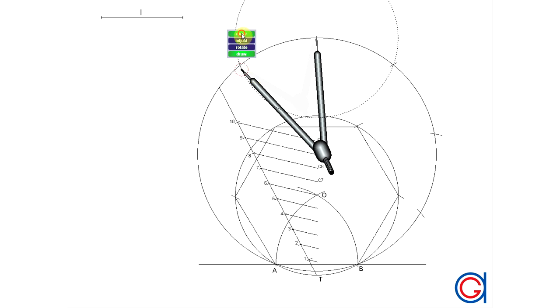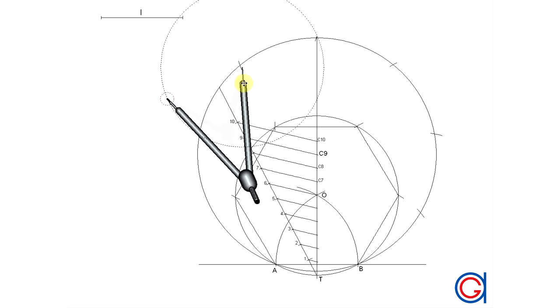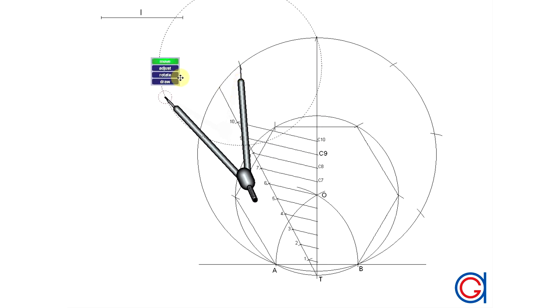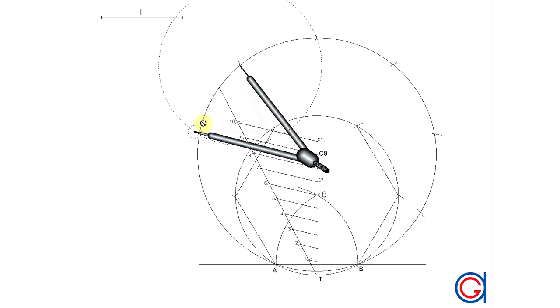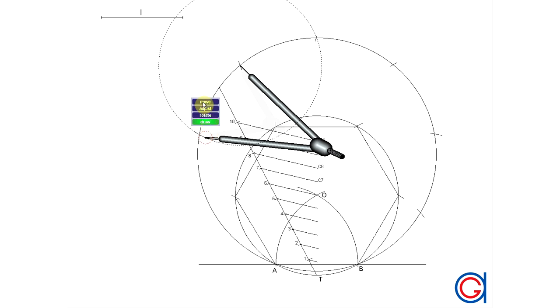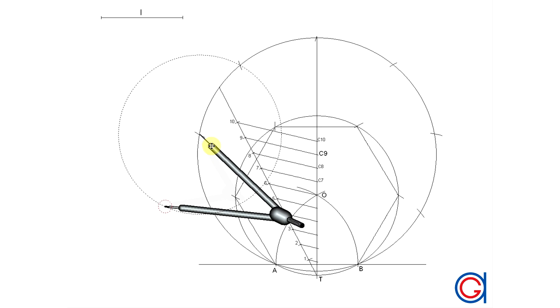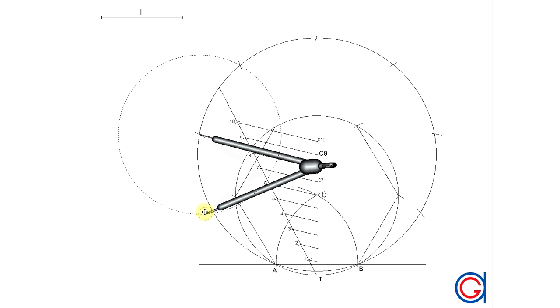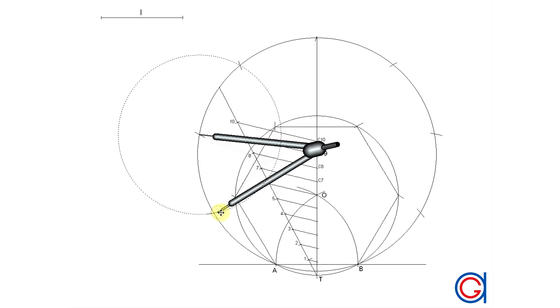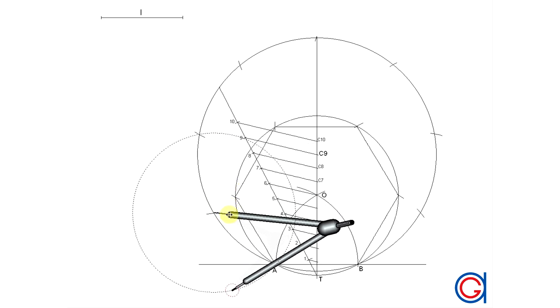Our 7th, our 8th, and finally our 9th arc should cut exactly through point A if we are working with accuracy, as can be seen here in the video.